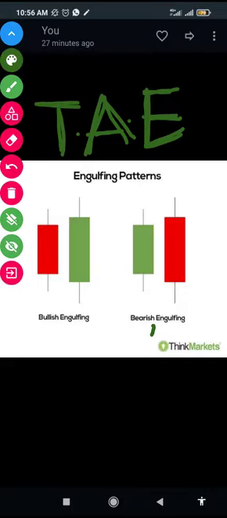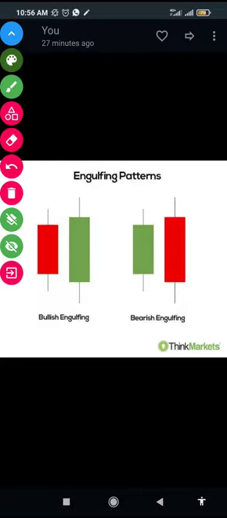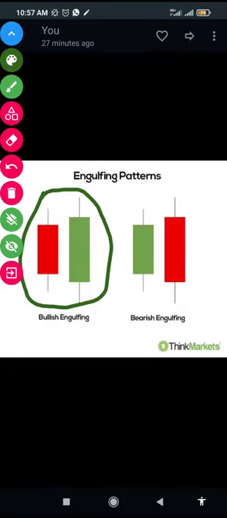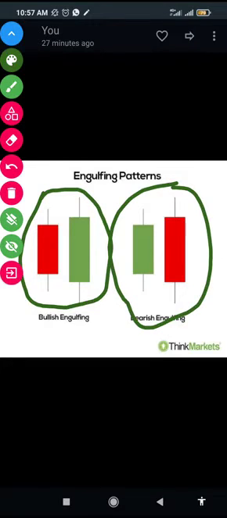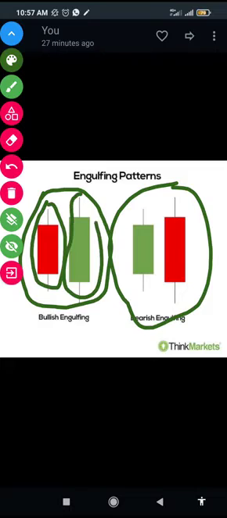there are two engulfing candlesticks. Okay, here, this one is a bullish engulfing candlestick. This one is a bearish engulfing candlestick. Now you can see that this first candle is smaller, then this one is bigger, and this one swallowed this smaller one.